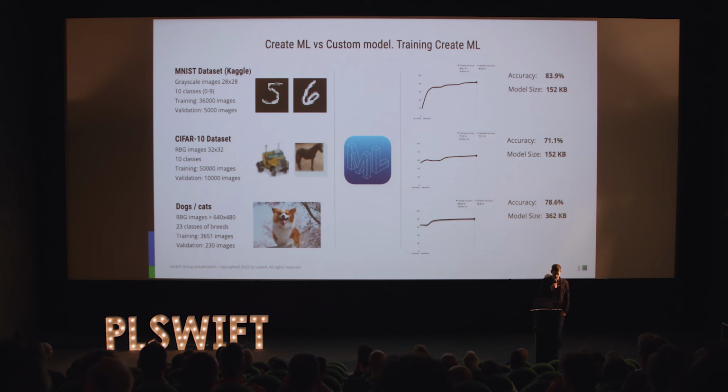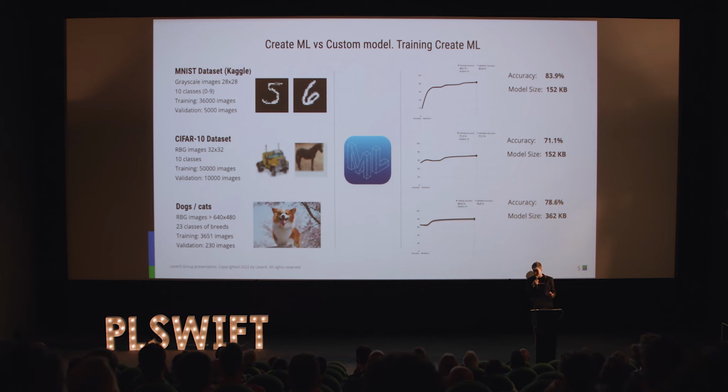The CIFAR-10 data set is also 10 classes, so the idea was to take something with 10 classes, and you'll see why. The classes are much more complicated, like horse, plane, sheep, etc. Sometimes even a human cannot recognize them, so that's not so simple.